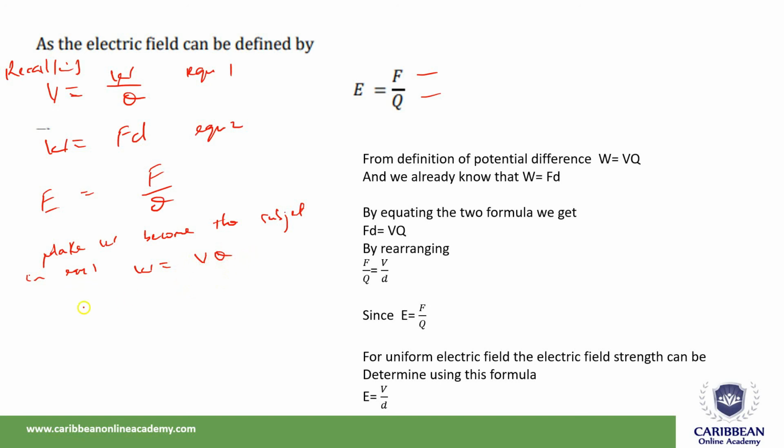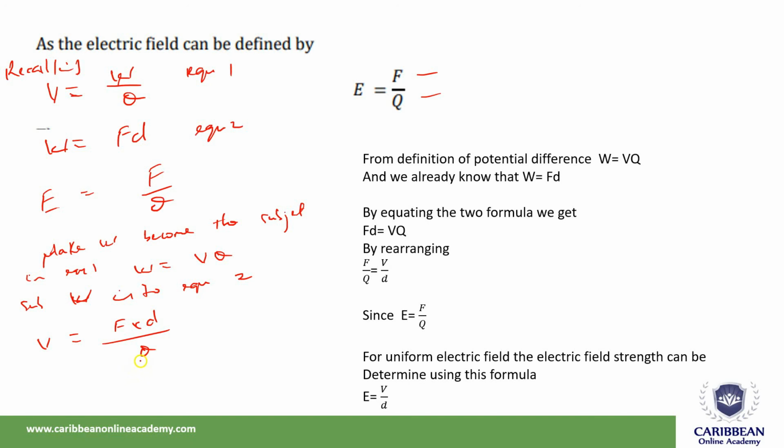We can now sub W into equation 2. Since W is equal to force times distance, I have potential difference is equal to force times the distance divided by Q. Fair enough?